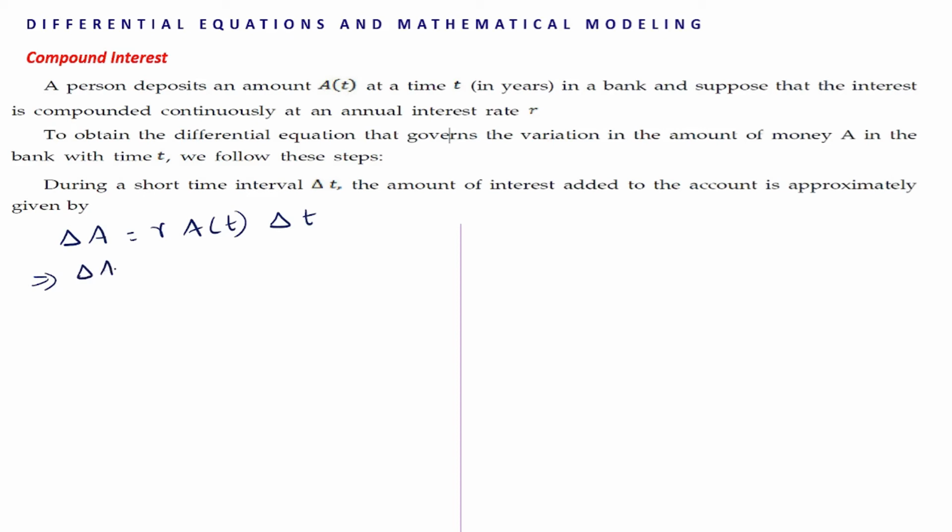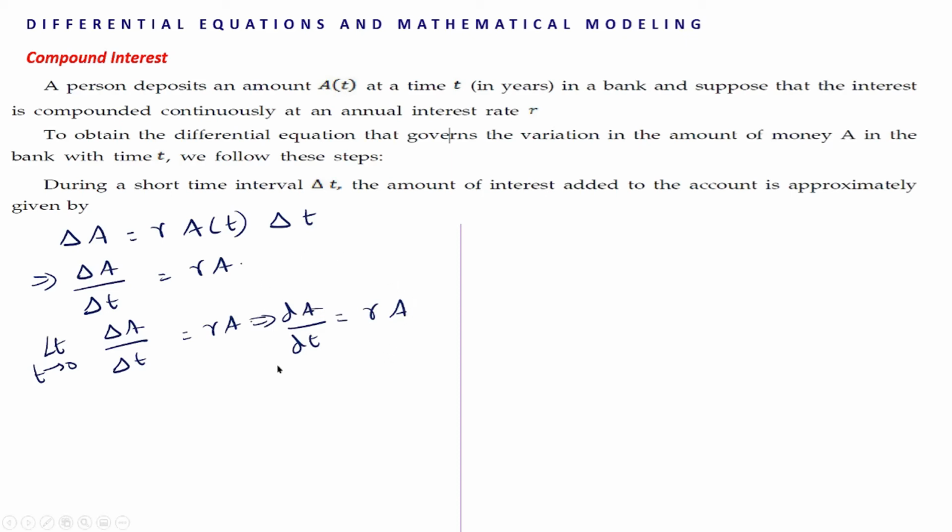So delta A upon delta t equals R into A. If we take the limit as delta t tends to 0, we have dA upon dt equal to RA. Now we have got a differential equation in A, where A is differentiated with respect to t. We can easily solve this differential equation.